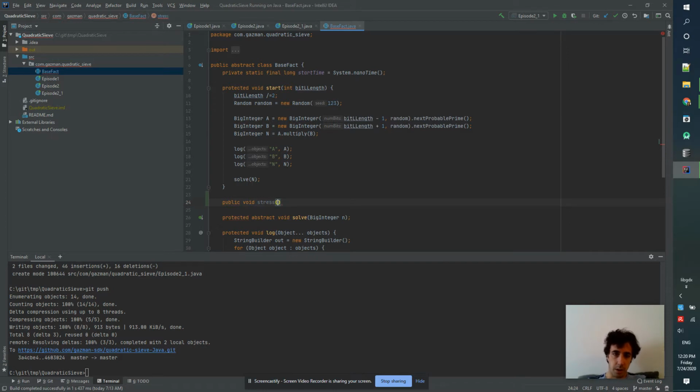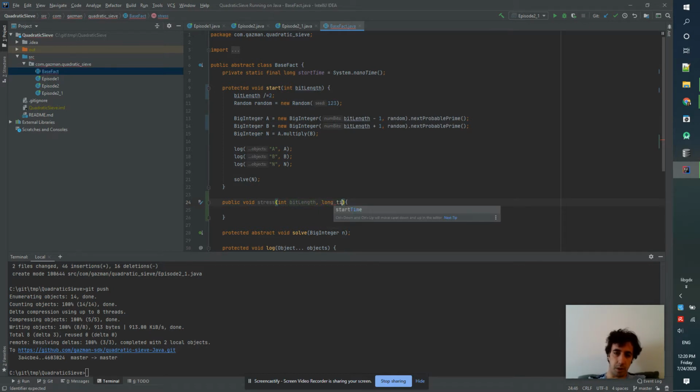We'll give it a bit length, and also the time in milliseconds that we expect the stress tool to run.